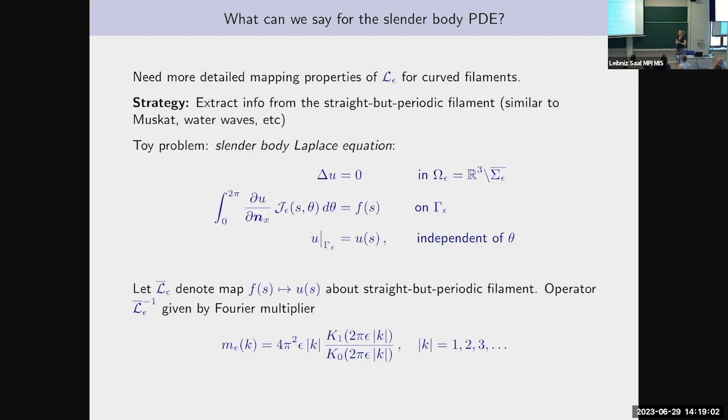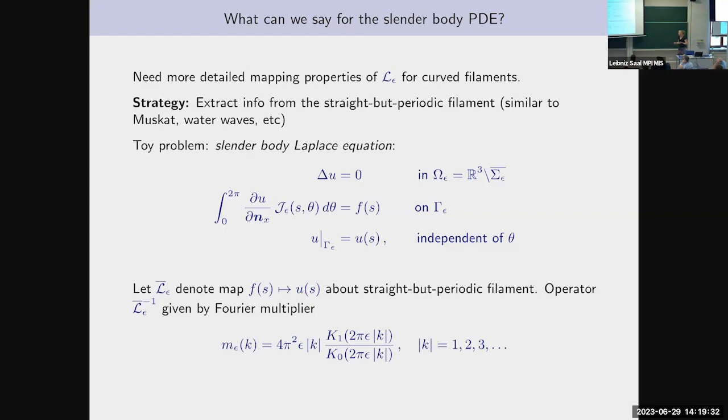Now in this toy problem, I can consider the more detailed properties of this map taking f to u. Let me denote the straight but periodic case by L bar. And again, as was true for the Stokes case, we can explicitly calculate the spectrum in the straight but periodic setting.